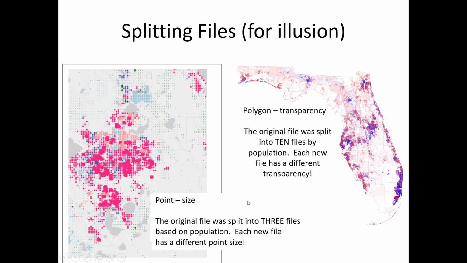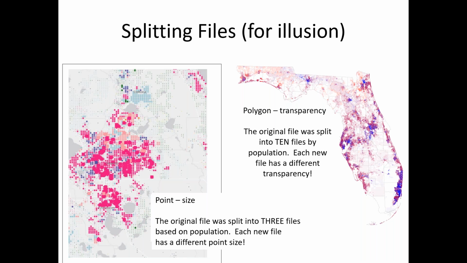And here, the file on the left looks like it's one map. It's actually three maps superimposed on each other, because styling color and point size at the same time is kind of tricky, and I didn't really trust it. So I divided the points by population into three files.